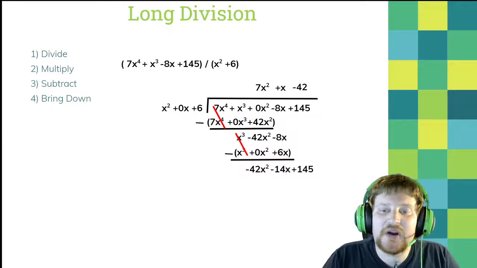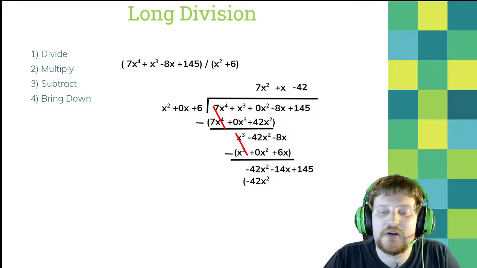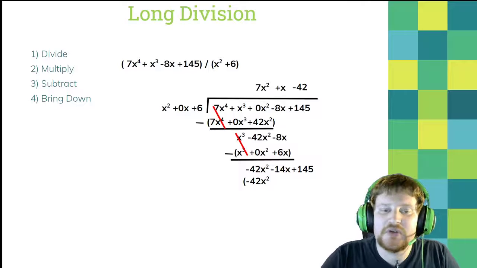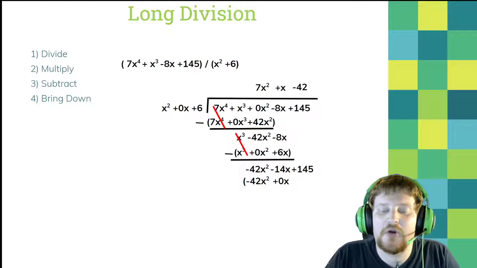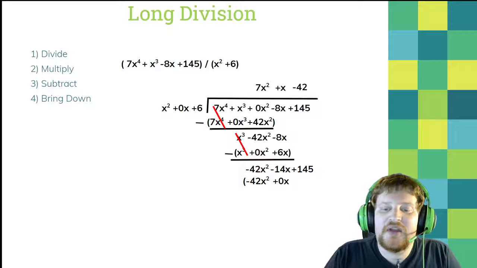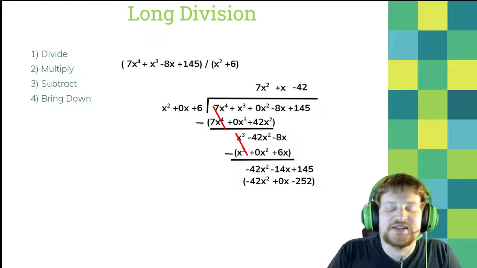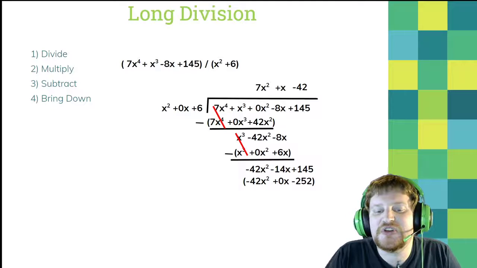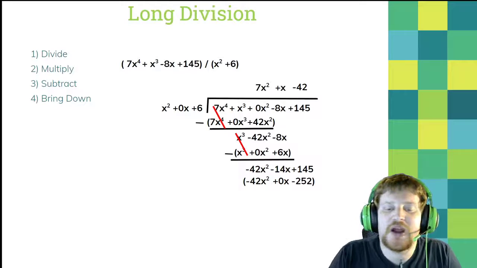And x squared times negative 42 is negative 42x squared. 0 times 42 is still 0, and so we have 0x. And then 6 times negative 42 is negative 252. So that's our divide and our multiply steps. Now we just need to subtract these.